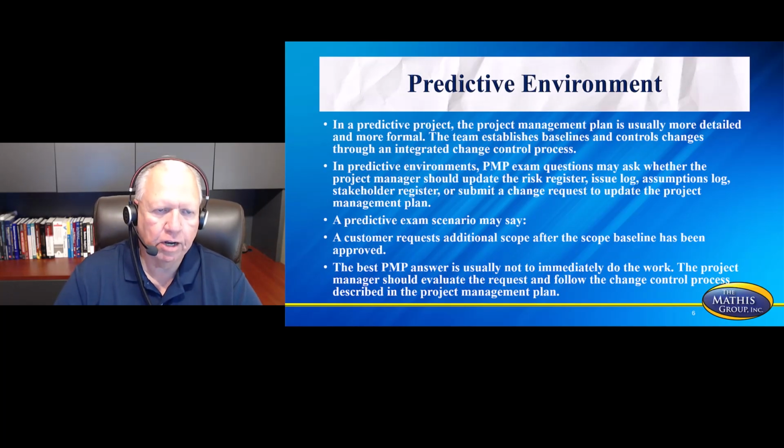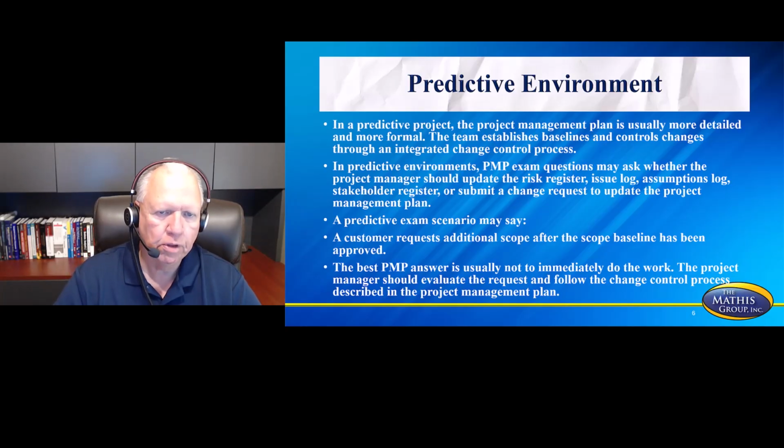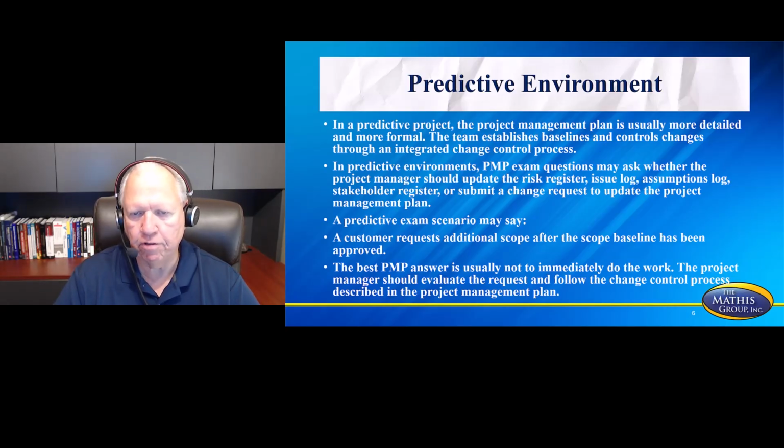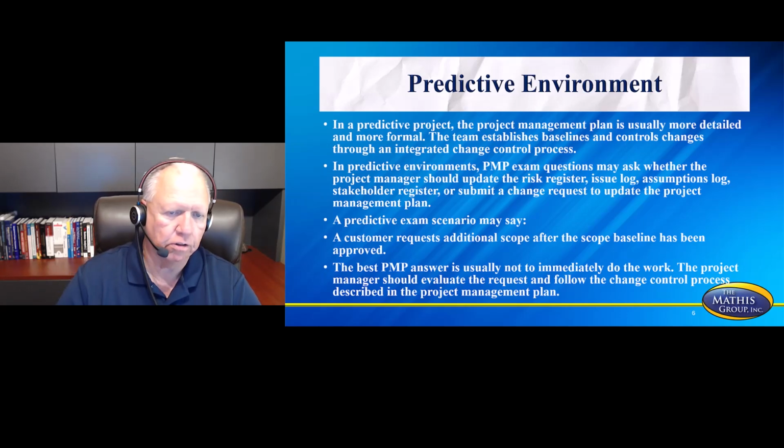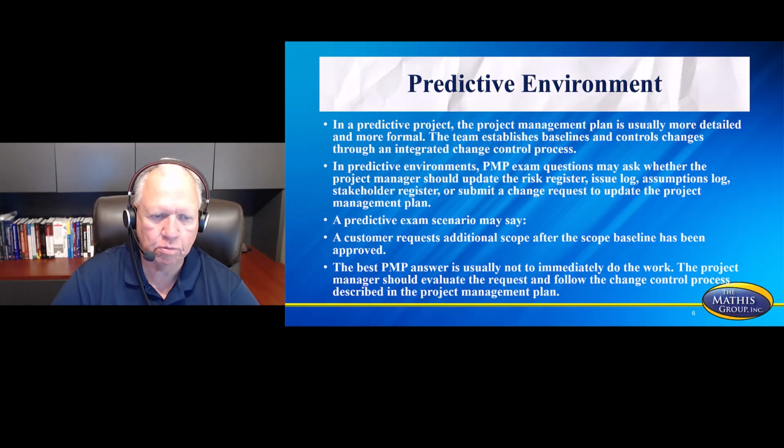Predictive environment. So how do we use project management plan and project documents here? In a predictive project, the project management plan is usually more detailed, more formal. The team establishes baselines and controls changes through an integrated change control process. In predictive environments, the PMP exam questions may ask whether the project manager should update the risk register, the issue log, the assumption log, the stakeholder register, or submit a change request to update the project management plan.